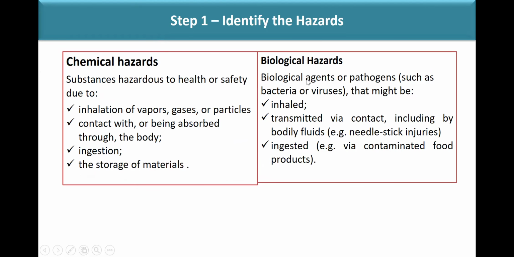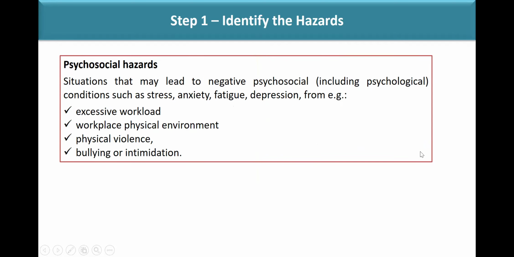Then biological hazards: biological agents or pathogens such as bacteria or viruses that might be inhaled or transmitted via contact, including by bodily fluid, needle stick injuries, because this is very common in medical clinics. Ingested contaminated food products.